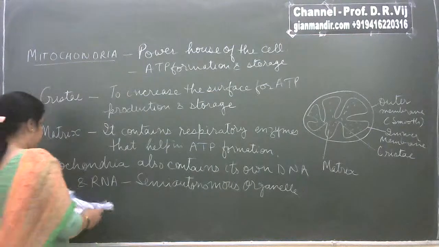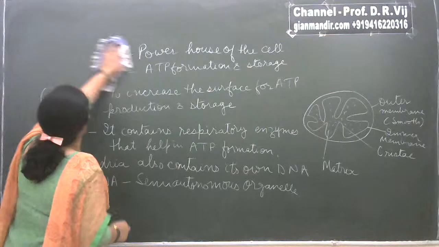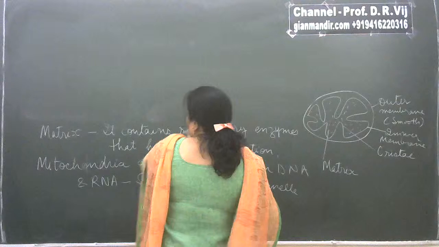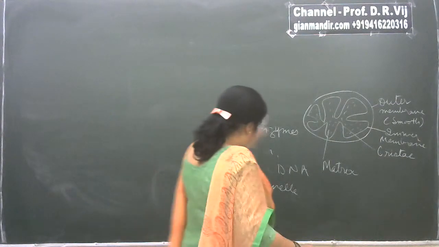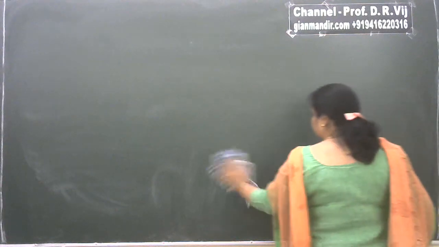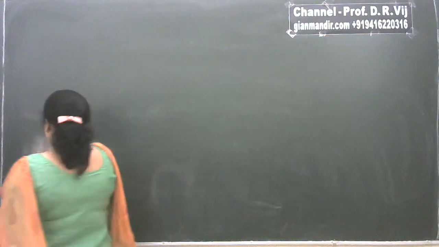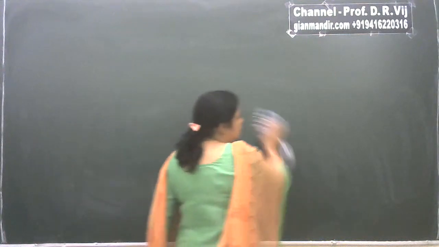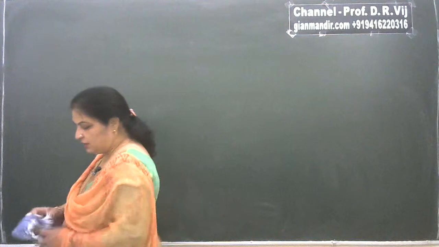After mitochondria, another important cell organelle which we are going to discuss is the plastids. Plastids are cell organelles that are found only in plant cells.